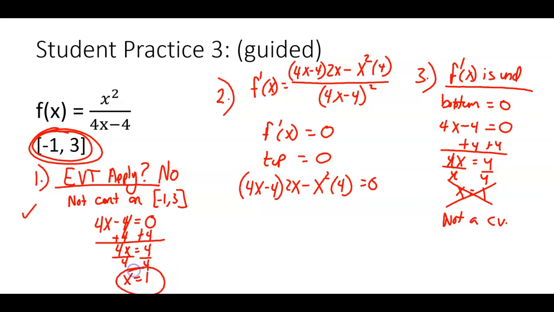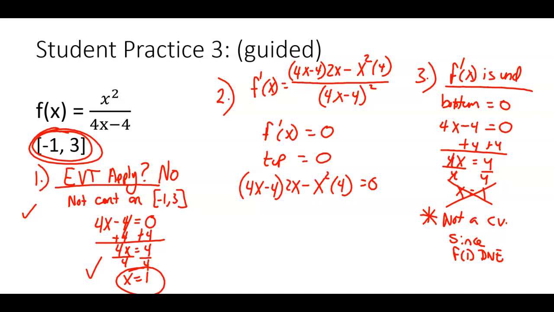The function is not defined at that point. In order to be a critical value, the function has to exist at that point, and it doesn't. So I'm not going to include that one. So that's something new there. If you ever get a critical value which is one of the places where your function doesn't exist, then you're not going to include that one.